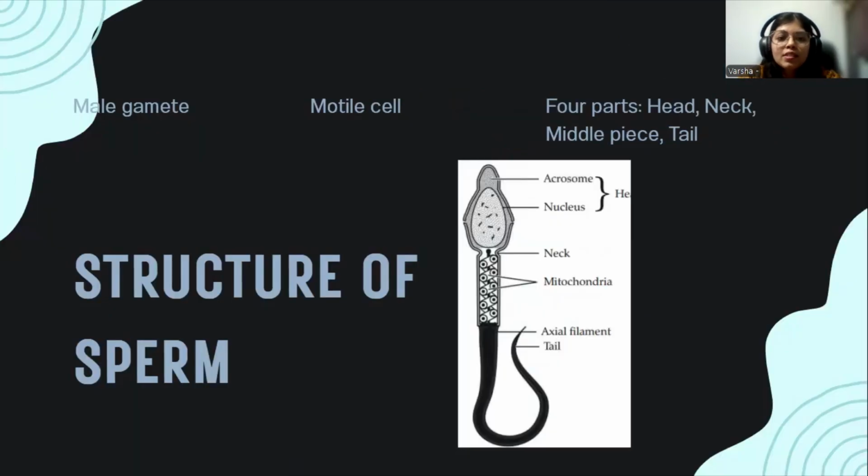Now, very important, do not skip this part. This diagram can alone give you multiple NEET questions right. So, sperm has four parts in total. First is the head, next is the neck, then there is the middle piece, and lastly, the tail.